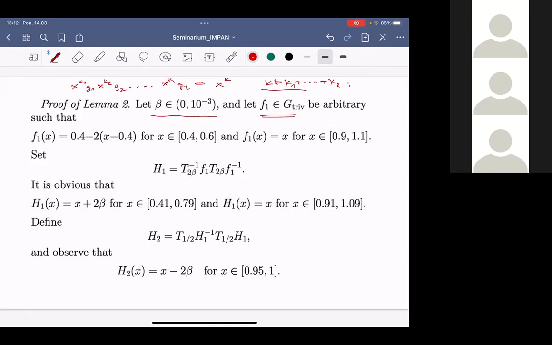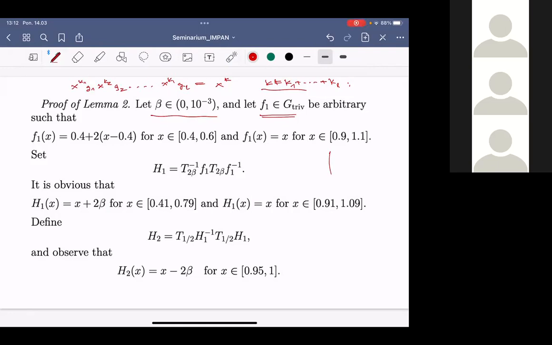And this function is defined in the following way. On the interval from 0.4 to 0.6, it is 0.4 plus 2 times (x minus 0.4). And this is equal to x from 0.9 to 1 and from 0 to 0.1.